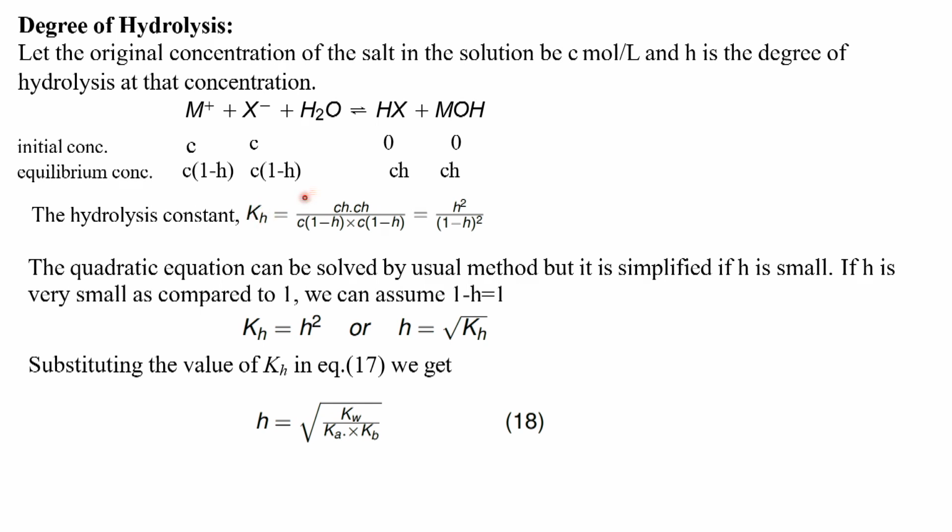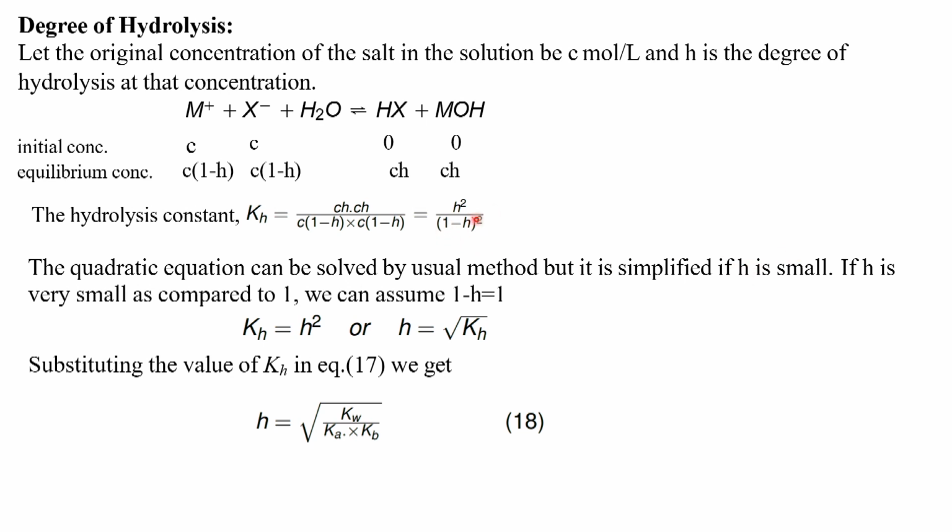Now if we calculate the hydrolysis constant Kh, it is the concentration of products by concentration of reactants, so Ch times Ch by C times 1 minus h times C times 1 minus h. Both the C's cancel each other, so we get Kh is h squared by 1 minus h squared. The quadratic equation can be solved by the usual method, but it is simplified if h is small.